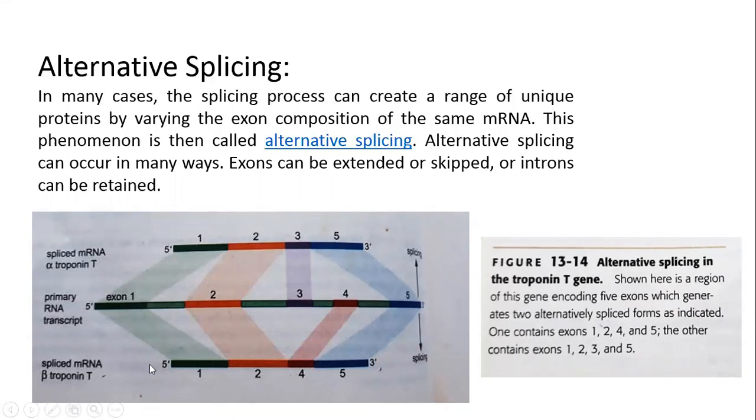In case of beta troponin, exons 1 2 and 4 5 simultaneously join together, and exon 3 is skipped, and in case of alpha troponin, exon 4 is skipped. By this mechanism, from one pre-mRNA gene, we obtain two proteins, which is the result of alternative splicing.